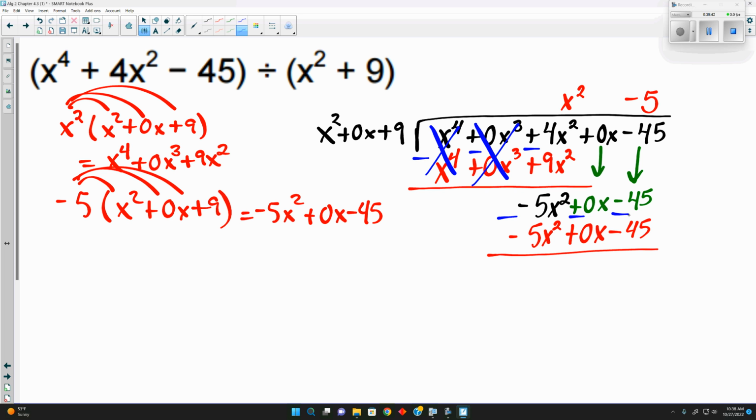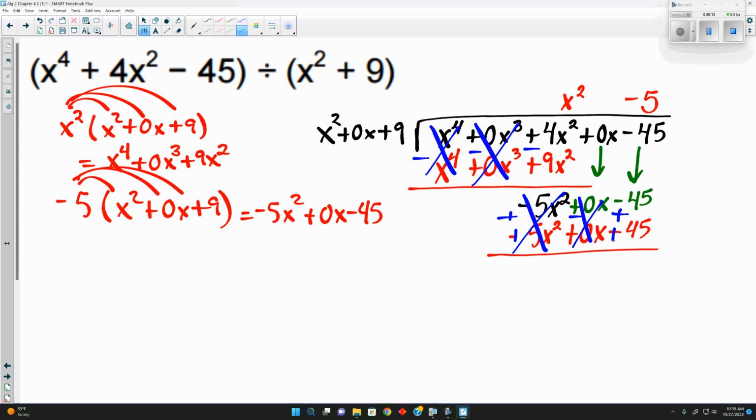Give y'all a second to write because I think I'm getting ahead of y'all. So if we subtract negative 5x squared minus negative 5x squared, we can say it's really negative 5 plus 5 is 0, just like we wanted, yes? 0 minus 0 is, well, still 0. And lastly, negative 45 minus negative 45 is 0, because we could say that's a plus.